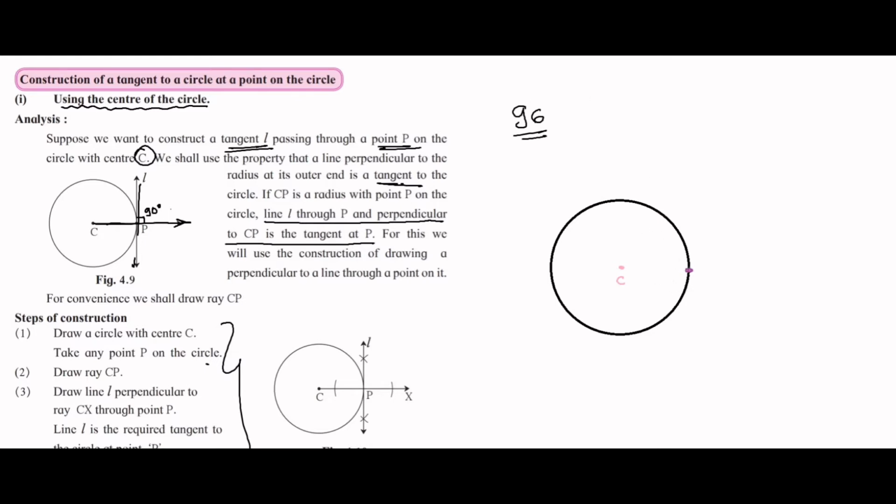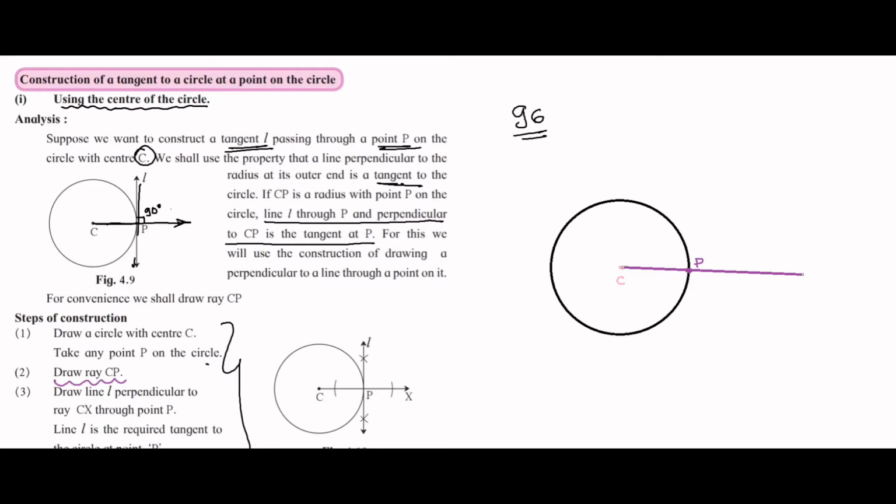Now next they told us to draw ray CP. This will be your point P on the circle. Now you have to draw a line like this, CP. So let us draw the line over here from C to P. Okay, this is our line.